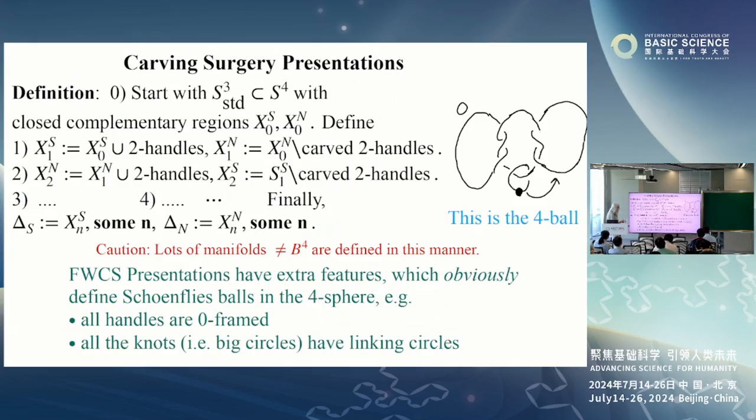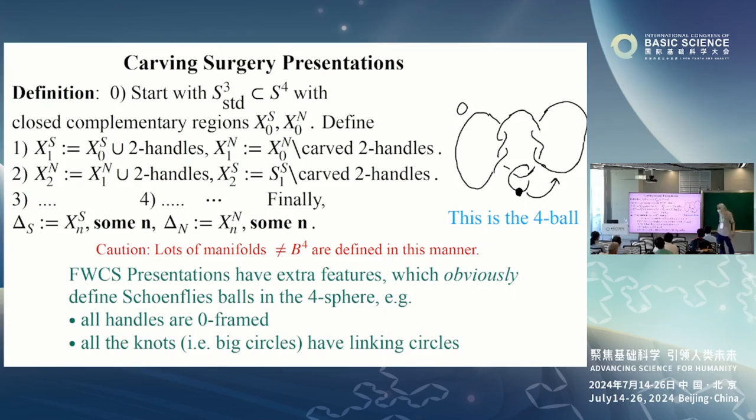So here's the process. You start with the standard 3-sphere, bounding, say, the southern 4-ball. Now you have, say, a link in that 3-sphere, and now you attach 2-handles along that link. But the rule is those 2-handles have to be embedded in the northern ball.